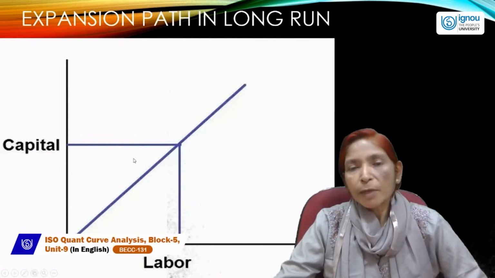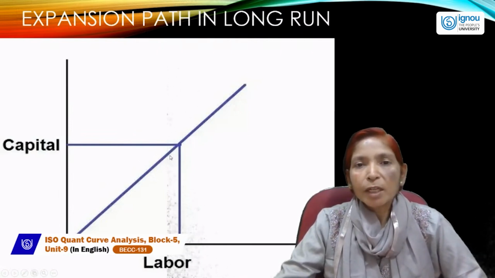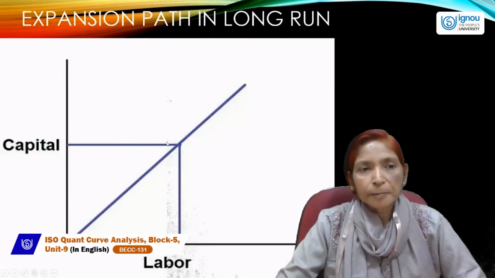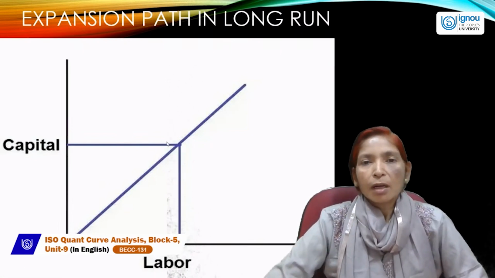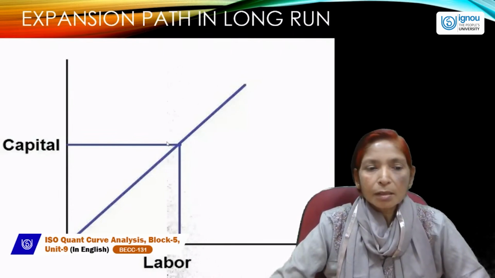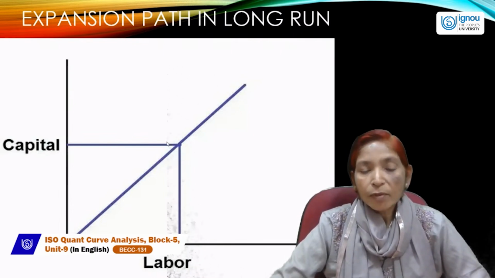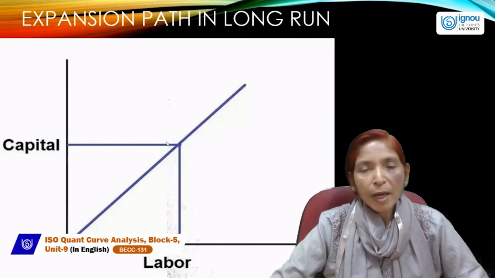So in the short run the expansion path will be a horizontal line, and the long run expansion path will be a 45-degree line. So we can draw the expansion path in the long run and in the short run. In the long run, the expansion path line will be a 45-degree line, and the short run expansion path line will be a horizontal line parallel to the x-axis.